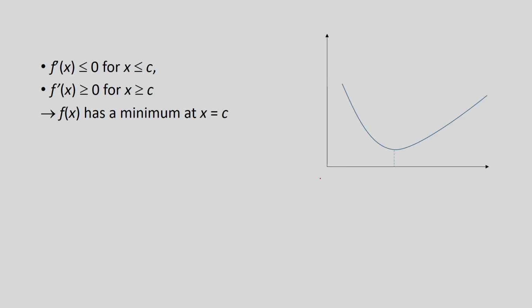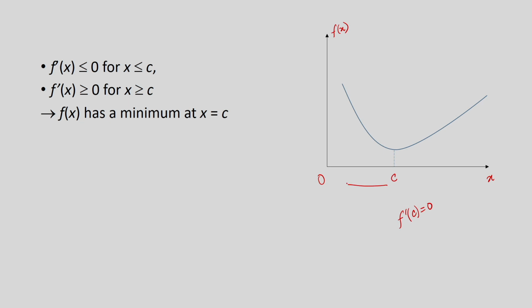Similarly, just in the opposite manner, we can talk about the minimum also. So, f x has this graph, this blue line. At the point small c, f dash of small c is equal to 0. So, the tangent is parallel to the horizontal axis.